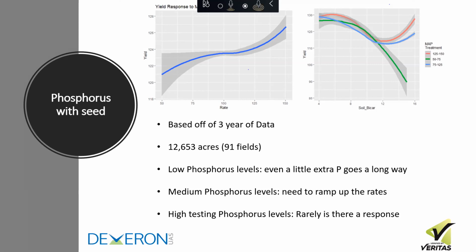Like I said, our experience has been about 125 pounds of MAP is usually the sweet spot for your medium phosphorus levels. On the high testing phosphorus levels, so for us, this is anything north of about 35, 40 parts per million, like I said, Olsen test. It's pretty hard for us to ever get a response to phosphorus. We're seeing other things.